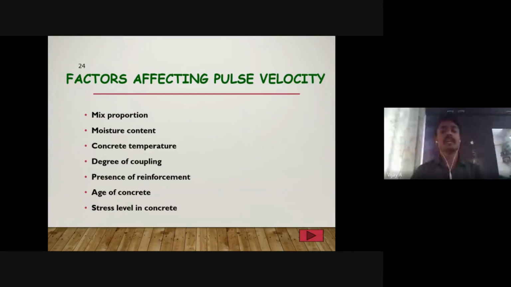Apart from these techniques, you have other types of ultrasonic testing also. We call them phased array ultrasonic testing, automated ultrasonic testing, and time of flight diffraction. These are the different methods we use to understand and measure the strength assessment of different structures.